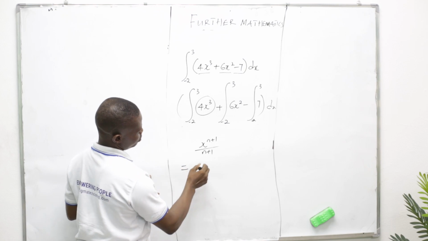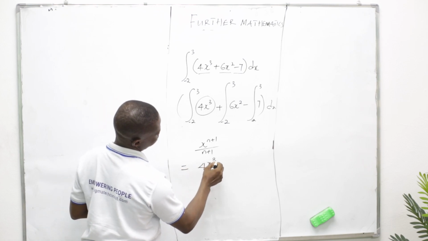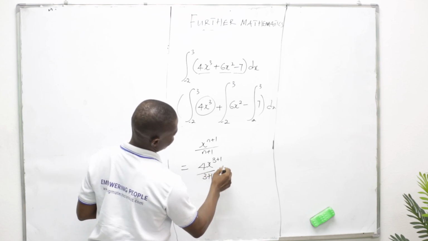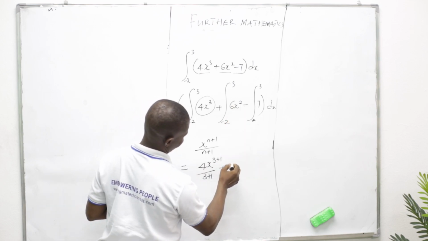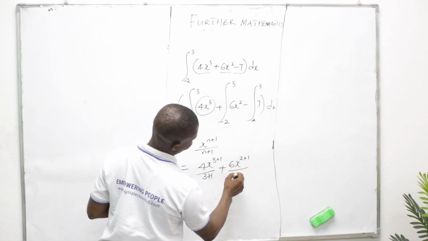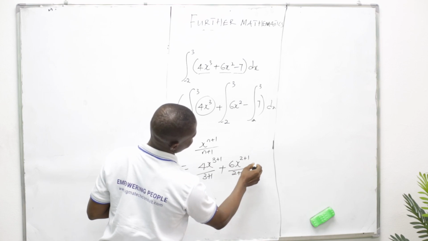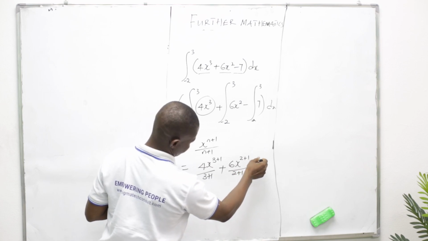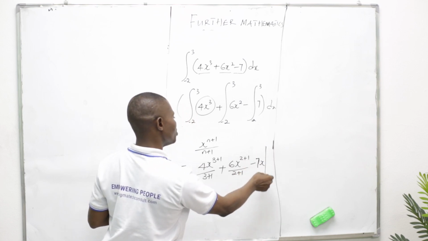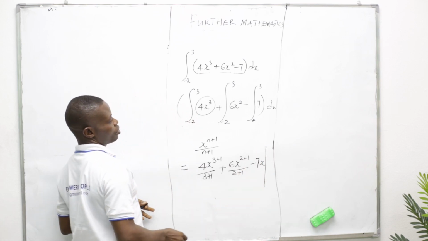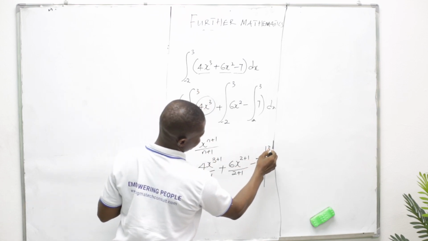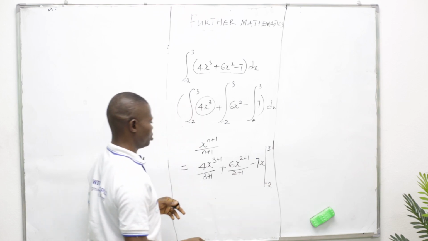We're going to have 4x to the 3 plus 1 all over 3 plus 1, plus, let's deal with this, 6x to the 2 plus 1 all over 2 plus 1. Integration of a constant is that constant multiplied by the variable given. Then you will introduce what we call the range, the upper limit and the lower limit. This is 3, this is minus 2.